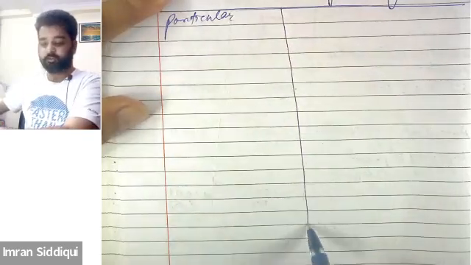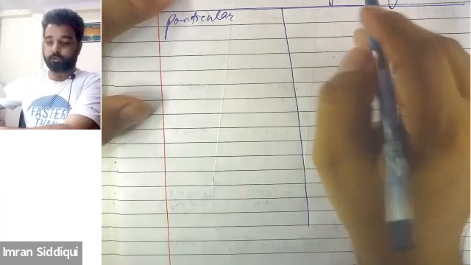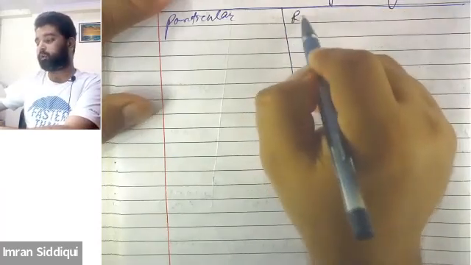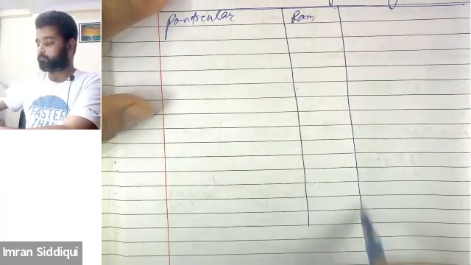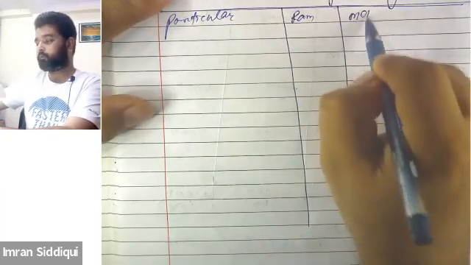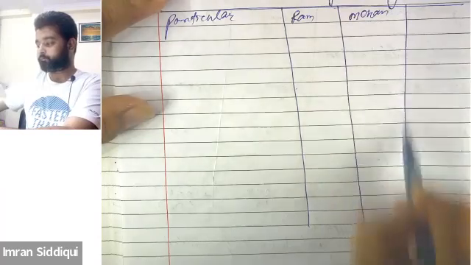And since this time we have three partners, Ram, Mohan, and Sohan, so we will have to make three columns. Ram, Mohan, and Sohan.